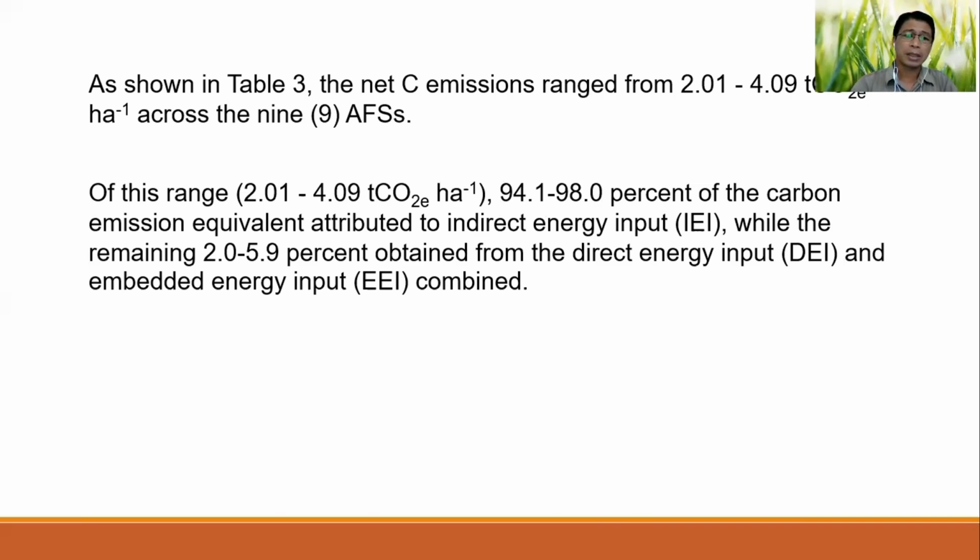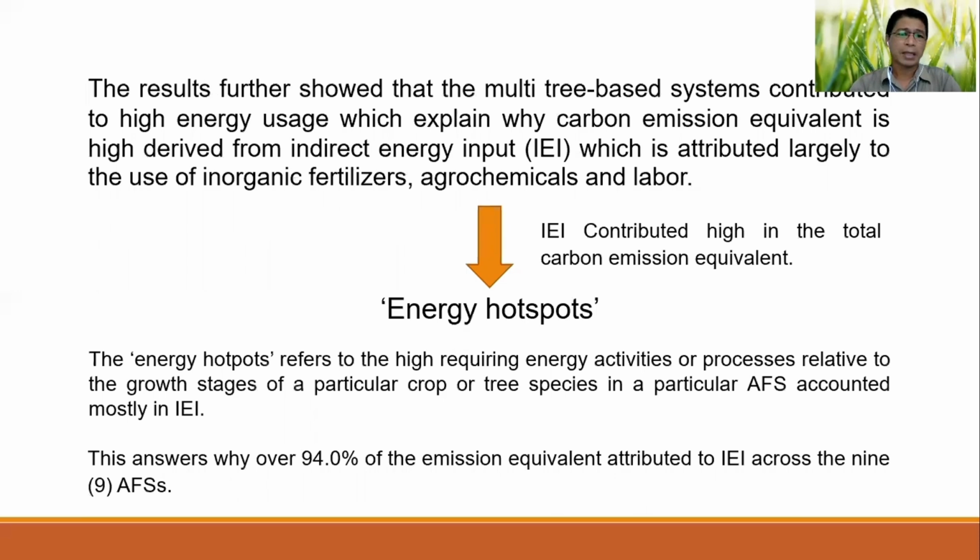As shown in Table 3, the net C emissions or carbon emissions range from 2 to 4 ton carbon dioxide equivalent per hectare across the 9 agroforestry systems. Of this range, 94 to 98% of the carbon emission equivalent is attributed to indirect energy input, while the remaining 2 to 5.9% obtained from the direct energy input and embedded energy input combined.